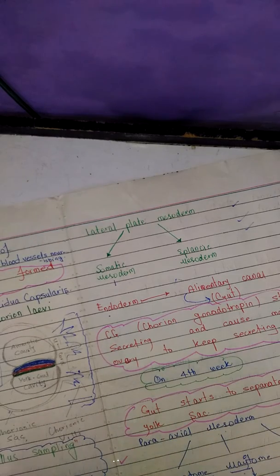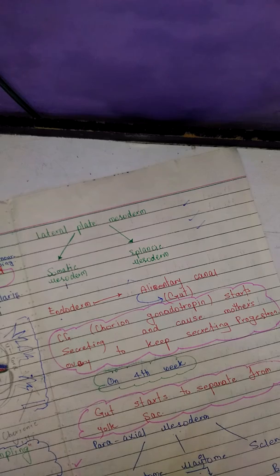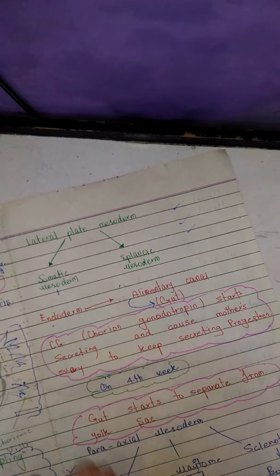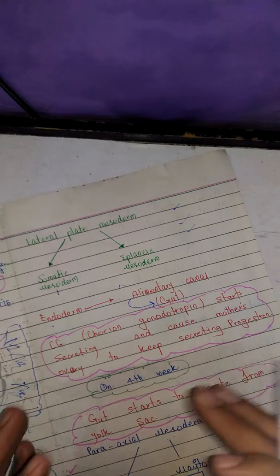And one more thing, as a side note, which I want to mention, that chorionic gonadotropin hormone is a hormone which is secreted by chorionic sac around the embryo. And this starts secreting in third week.